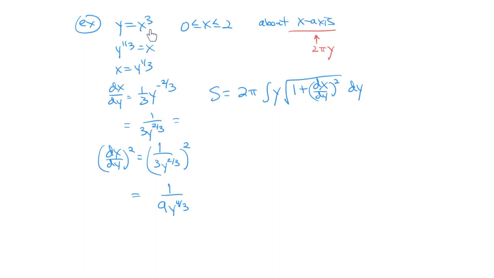So when x is 0, y is 0, and I put a 0 for my lower limit. For the upper limit, when x is 2, y is 2 cubed, so y would be 8. So the upper limit is 8. So what we're going to get is 2 pi, integral from 0 to 8, y times the square root of 1 plus 1 over 9 y to the 4/3, dy.